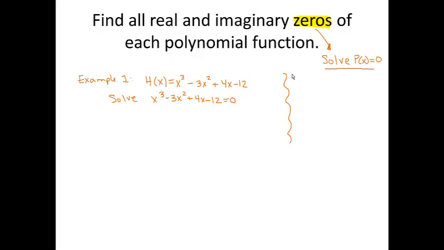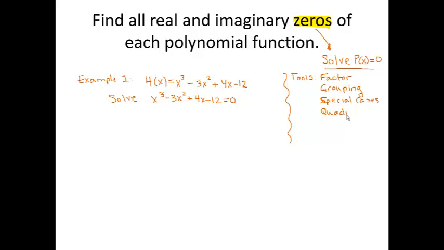We have a number of tools, or skills, that we've already learned in order to solve where a polynomial equals 0. We could factor, and part of factoring is that we could use grouping, especially as we see here, where we have 4 terms. We don't want to forget about all of our special cases, such as the difference of cubes, the sum of cubes, or the difference of squares, etc. We also have at our disposal the quadratic formula.